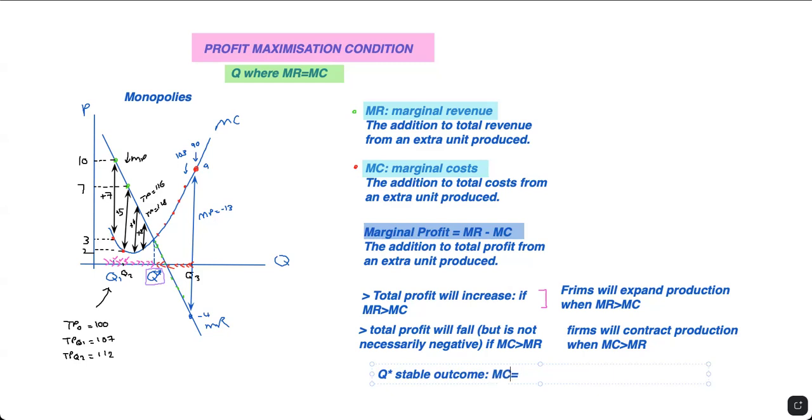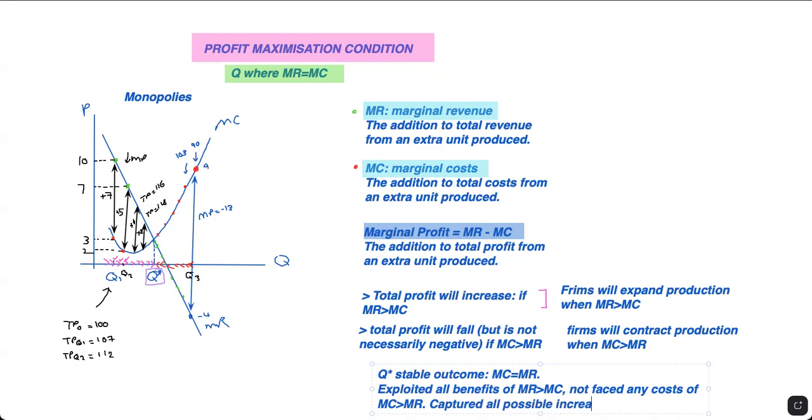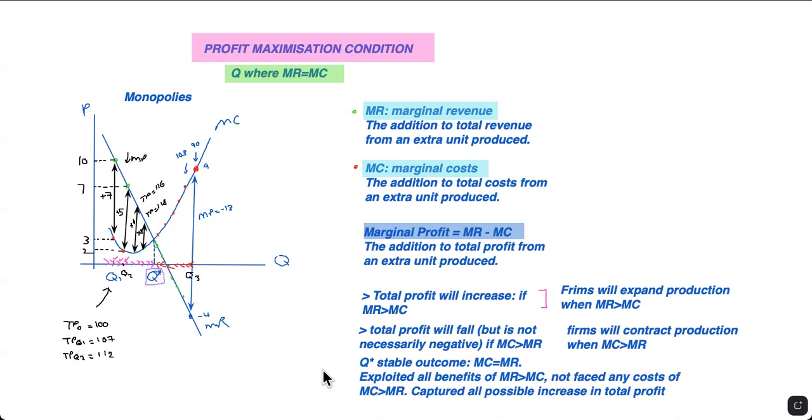So Q star is where MC equals MR. We've exploited all possible benefits of MR is greater than MC, but we have not faced any of the costs of marginal cost is greater than MR. In this case, we have captured all possible increase in total profit, and as a result, the total profit is maximized.